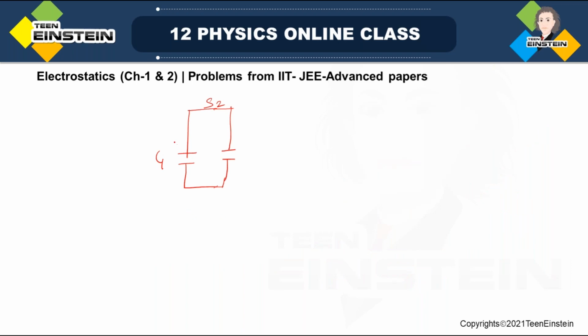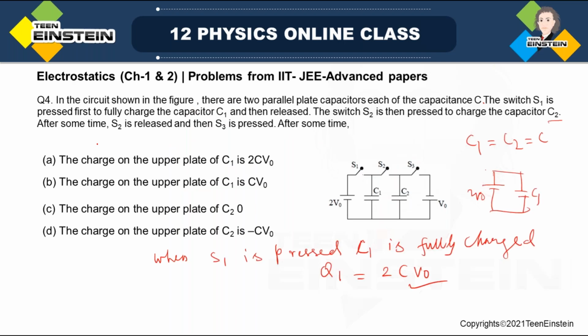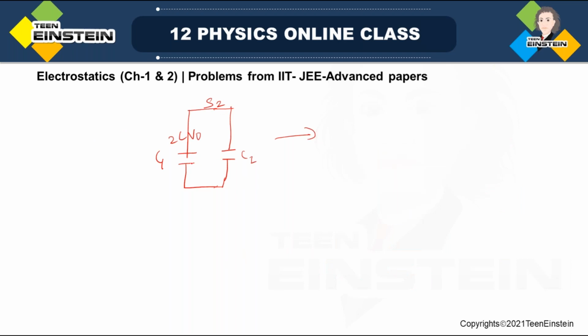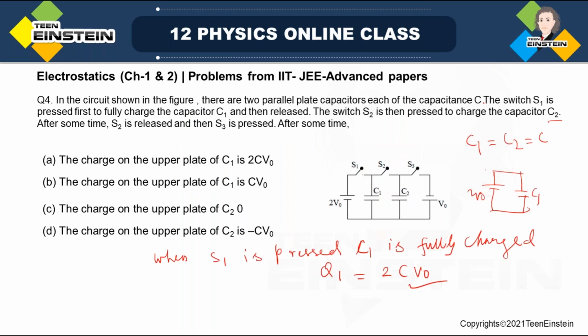There were 2CV0 charges, and since they have equal capacitance C, the charge will be equally distributed. After some time, C1 and C2 will both be charged by CV0, because the charge will be equally distributed.